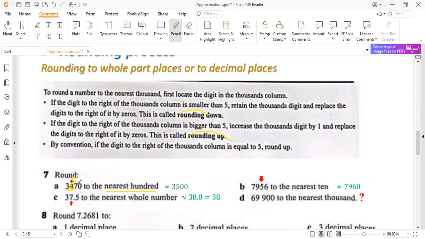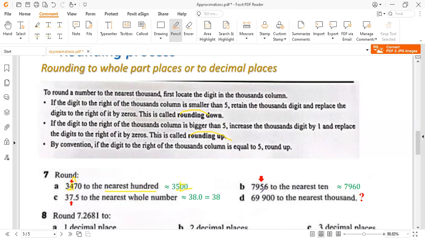If this number is greater or equal to 5, we add 1 to the hundreds digit and we put all the digits to the right as 0. So normally here 7 is greater than or equal to 5. So we add a 1 to 4 to obtain a 5, and we reset all the digits to the right of 5 to zeros. Here, when we add 1, we rounded up this number.